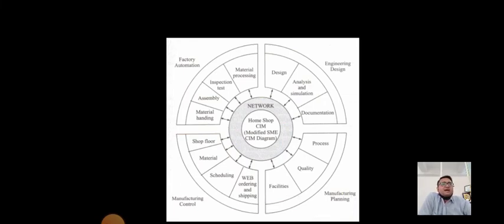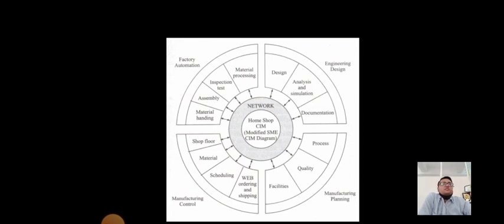So engineering design further comprises design, analysis and simulation, documentation. Manufacturing planning further comprises process, quality and facilities. Manufacturing control further comprises shop floor, material, scheduling, order processing and shipping.